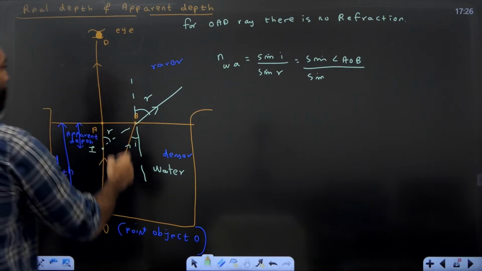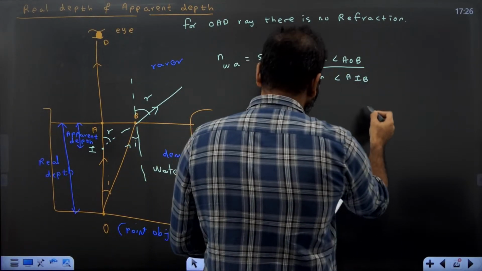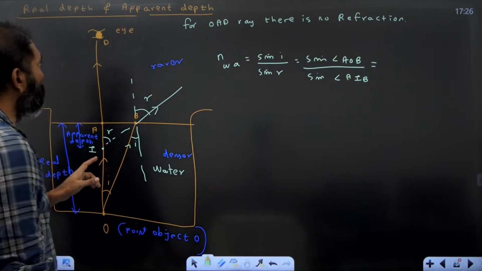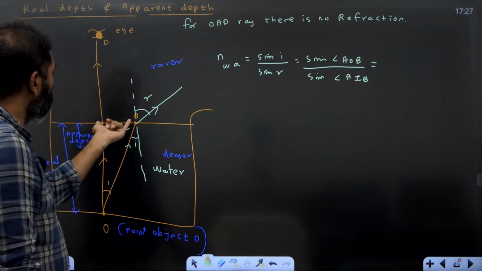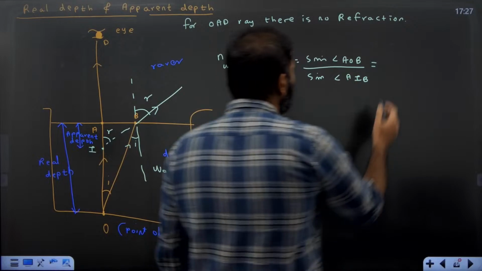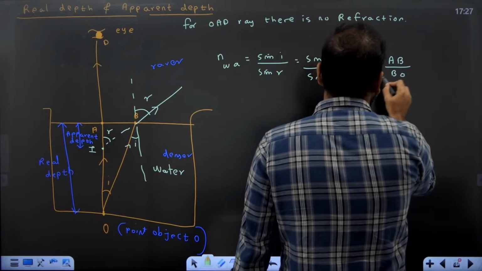Angle AIB. Sine angle AIB. What is sine angle AOB? Sine theta is what? Opposite side by hypotenuse. So sine angle AOB means what? Opposite side AB by hypotenuse BO. So AB by BO.